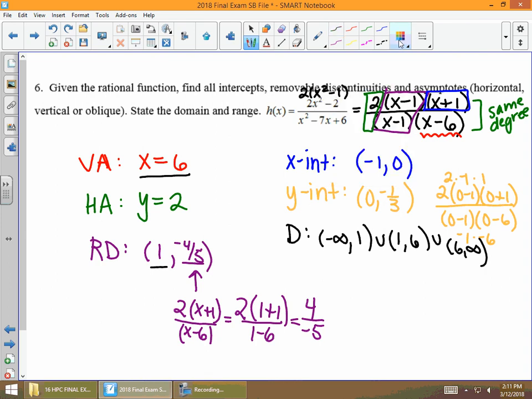For our range, we're going to exclude our horizontal asymptote and the y value of our removable discontinuity. So negative infinity to negative 4/5, negative 4/5 to 2, 2 to infinity. All right, two more problems down. Nice work.